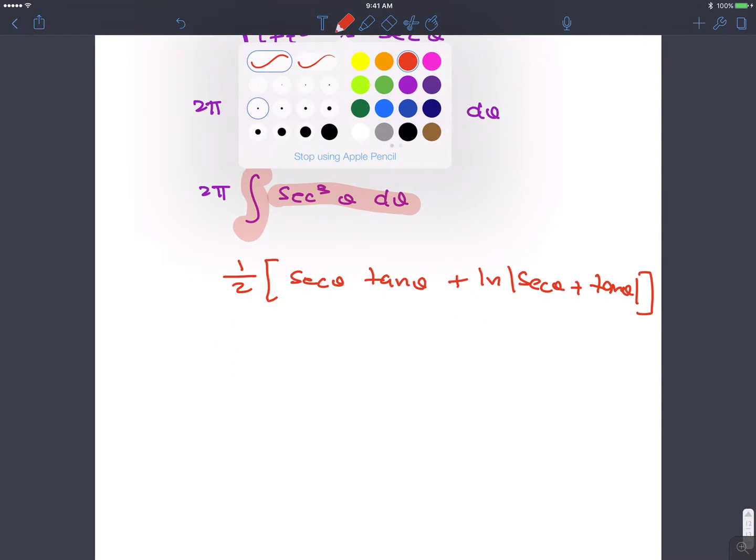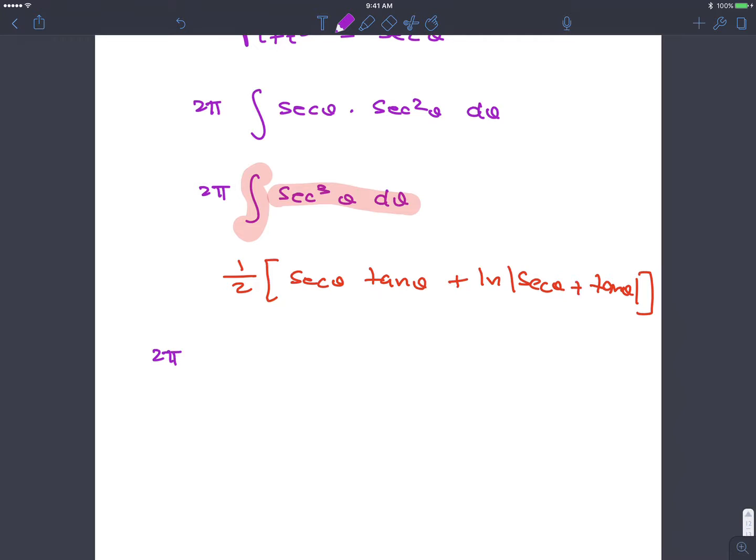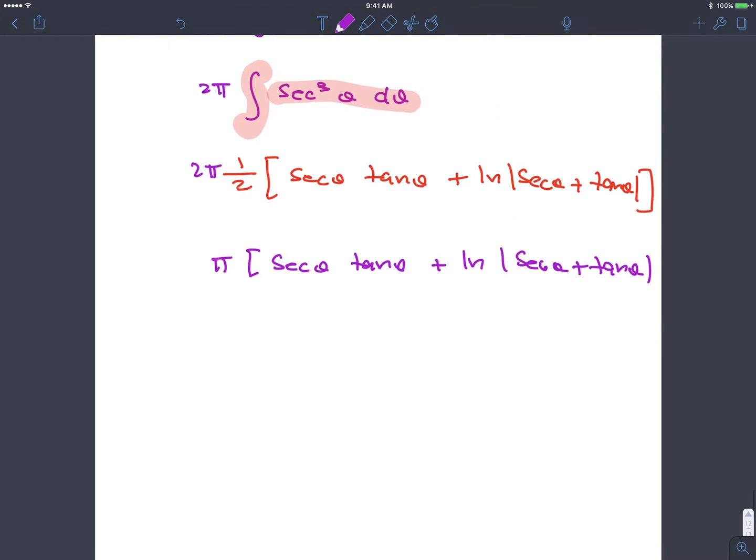So, what does this mean then? Don't I have this 2 pi multiplied? Bring down the 2 pi then. Let's do it that way. What does this give me as an answer? Pi times secant theta tangent theta plus the natural log absolute value secant theta plus tangent theta.